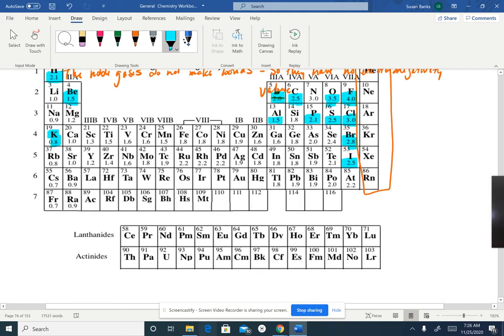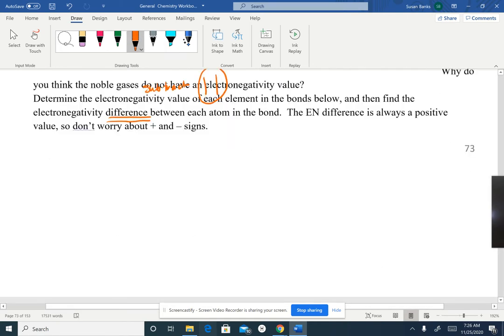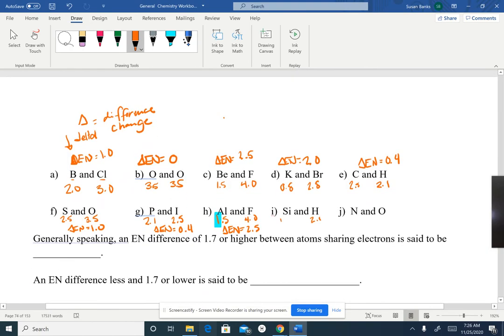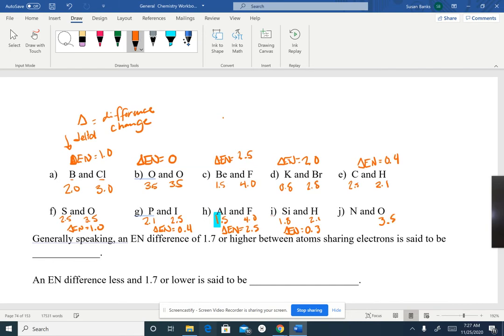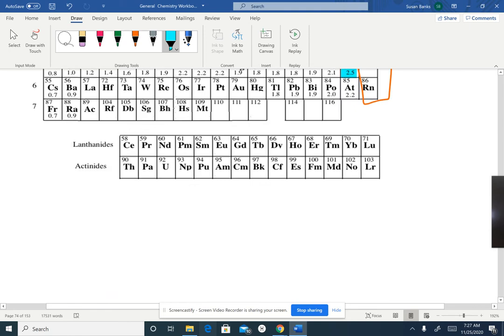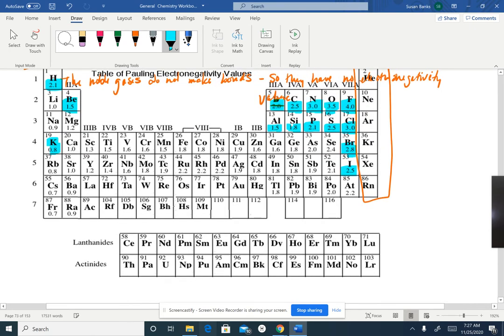Silicon, we have 1.8. So the difference between 1.8 and 2.1 is 0.3. And last but not least, we have oxygen and nitrogen. We've already looked up oxygen. Oxygen is 3.5. Let's look up nitrogen. Nitrogen is 3.0.